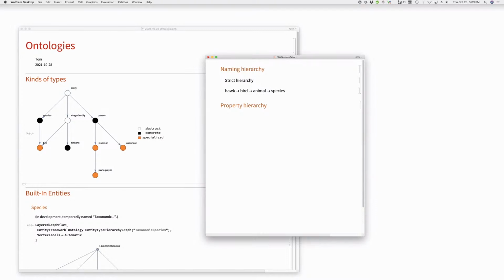That is a naming hierarchy, which has the feature that everything below the top node of the naming hierarchy must have a unique name within that subtree, which is, I think, a reasonable practical thing to do.